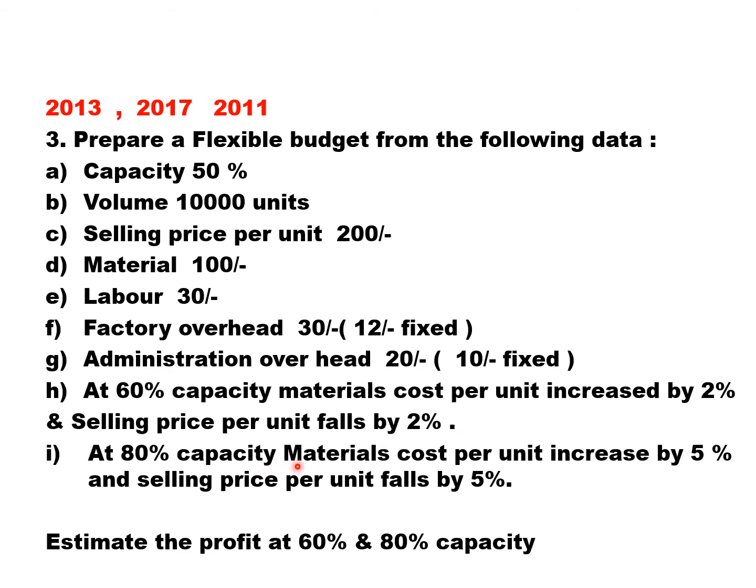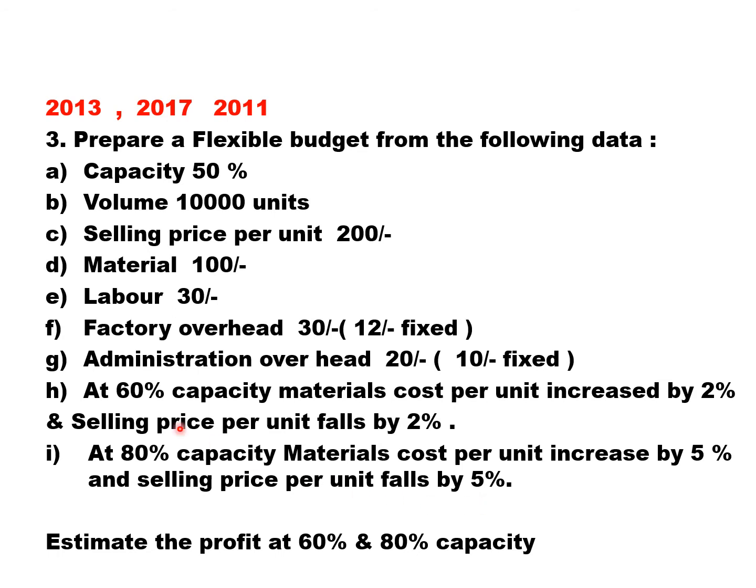At 80% capacity, material cost per unit increases by 5% and selling price per unit falls by 5%. So at 80%, material is 100 plus 5%, you get 105. And selling price is 200 minus 5%, you get 190.